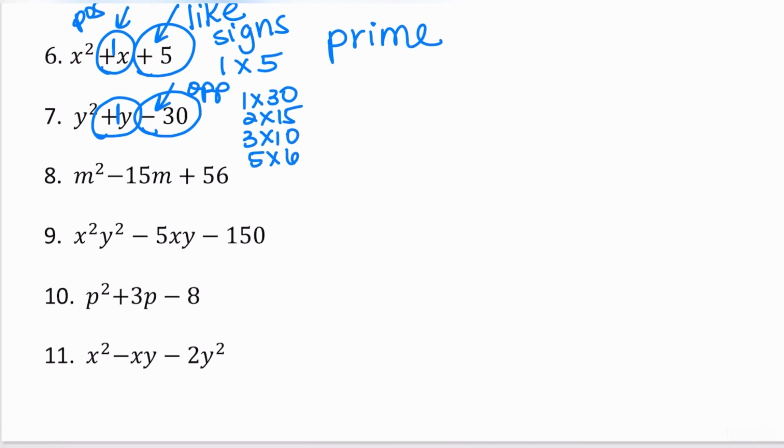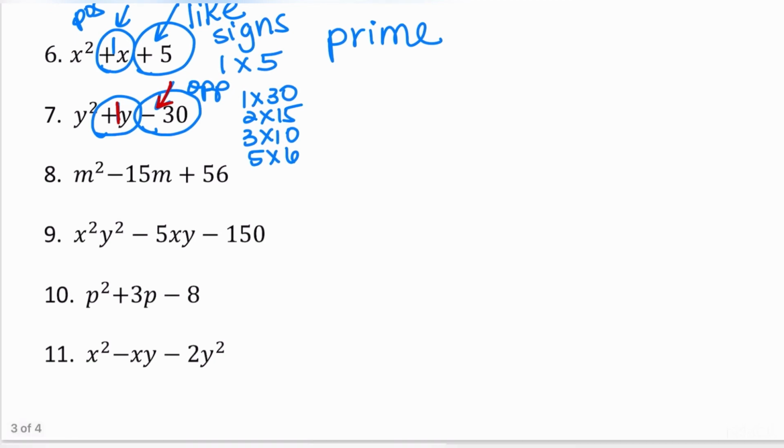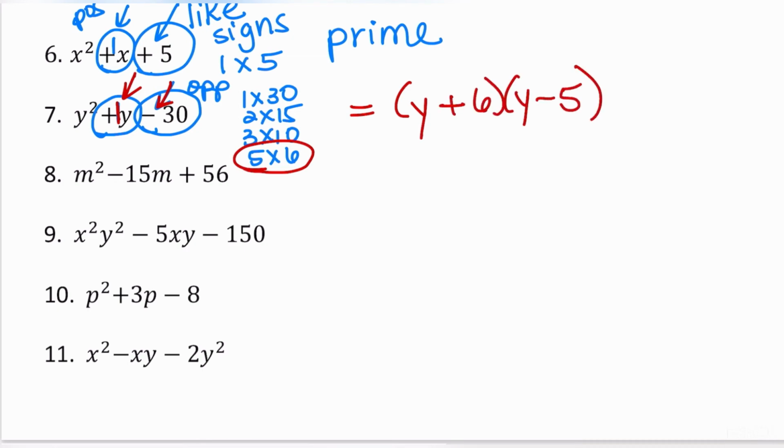So these are the 4 possibilities. From here, I'm trying to figure out which one is going to give me a 1. Because these are opposite signs, I'm going to be subtracting. So in which case do I subtract to get a positive 1? It's going to have to be 5 and 6. And the bigger number has to be positive. So my answer is y plus 6 times y minus 5.